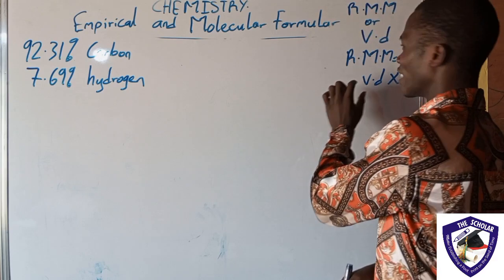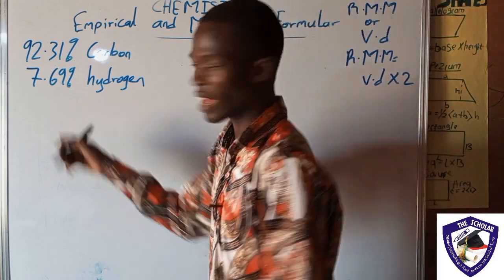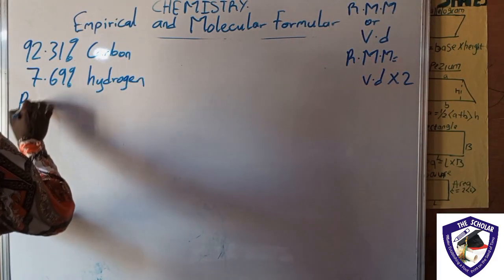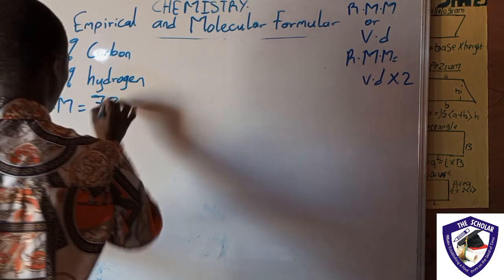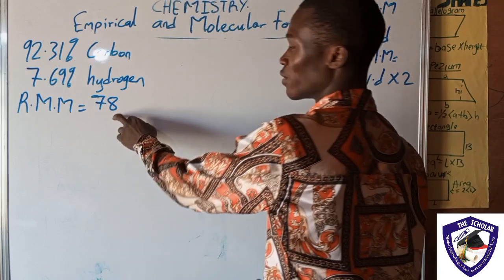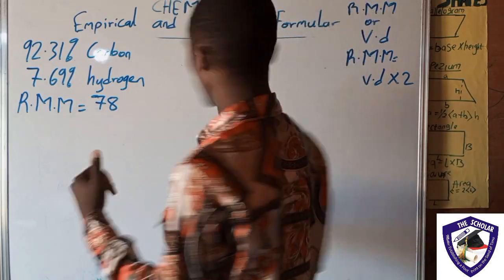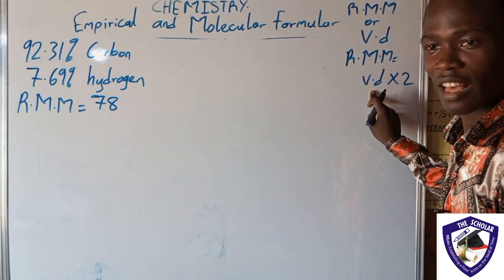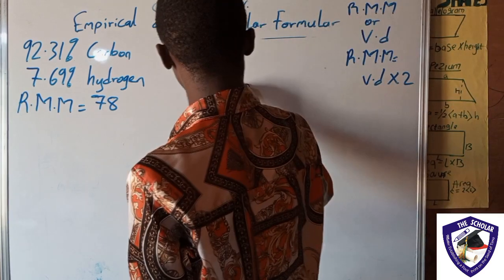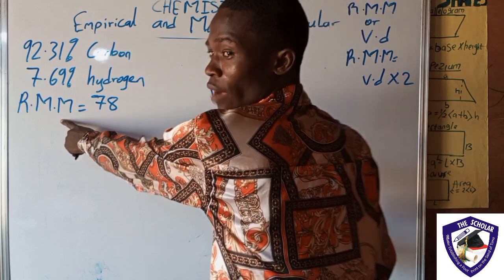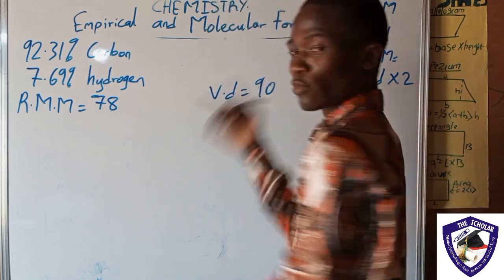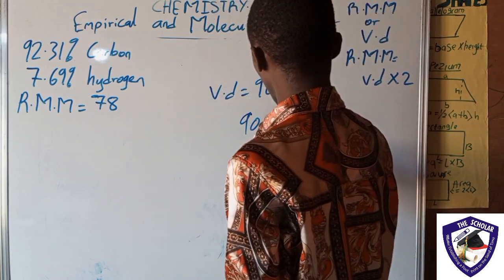What I mean is that if in this question we were given RMM of 78, relative molar mass equal to 78. Now let's assume you were not given RMM, you were given vapor density. Let's assume you were given vapor density of 90. It means to get your RMM, it will be vapor density times 2, 90 times 2.